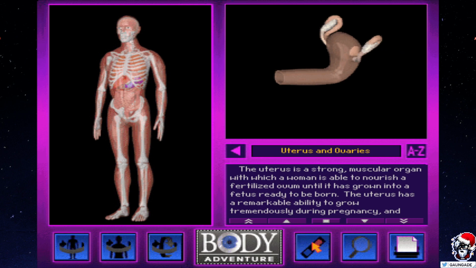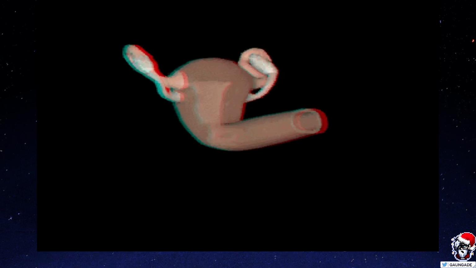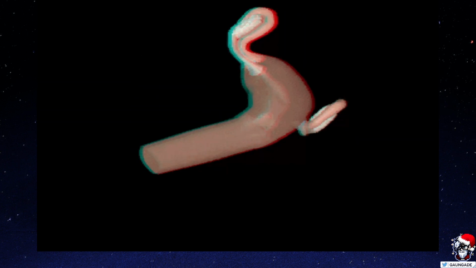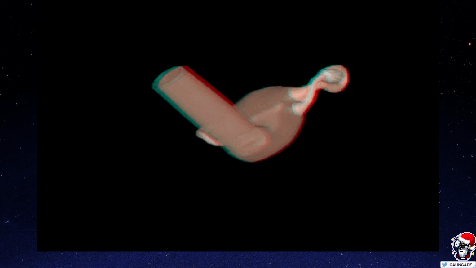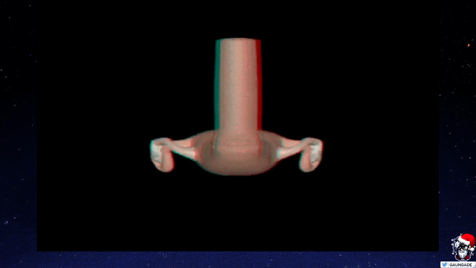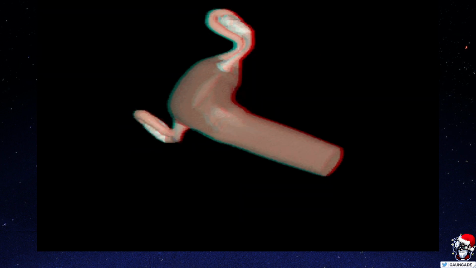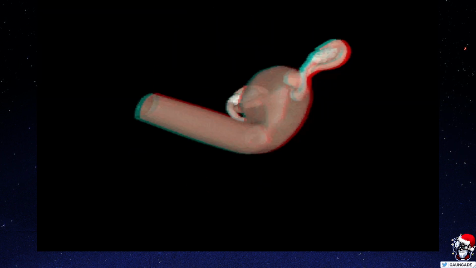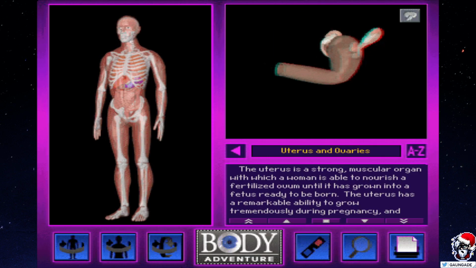Check this uterus out. This is a 3D uterus. Isn't that crazy? Let's learn about the uterus.